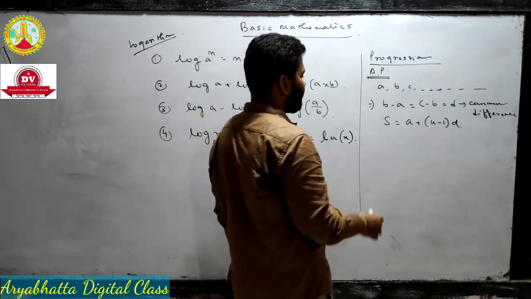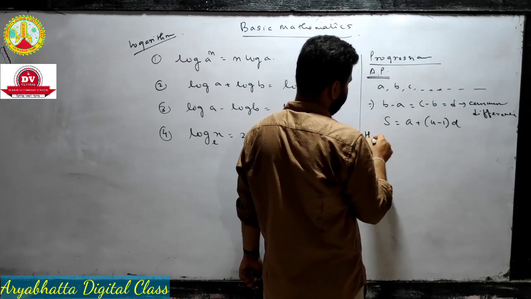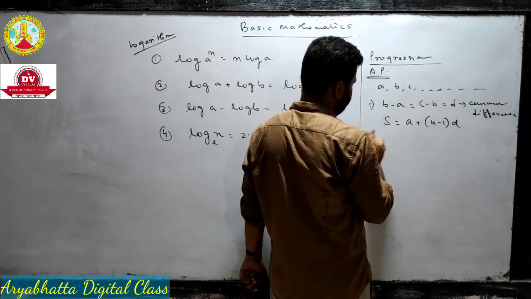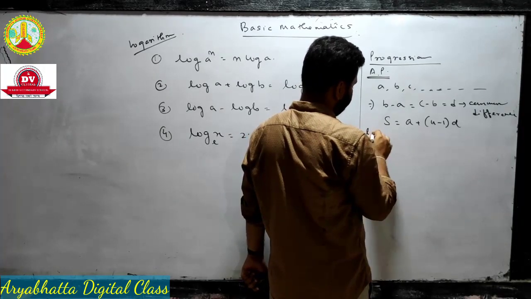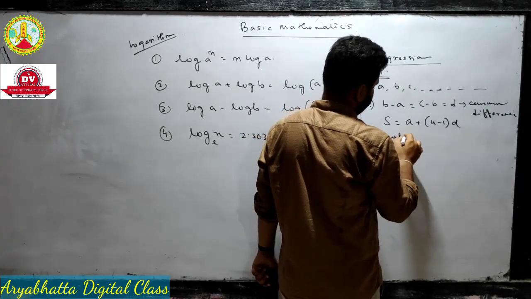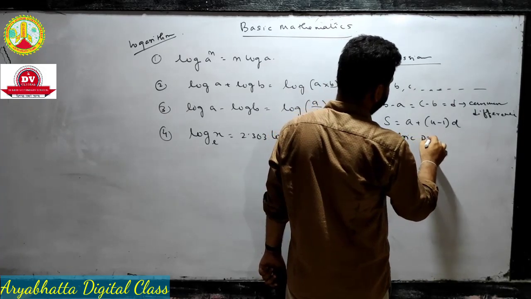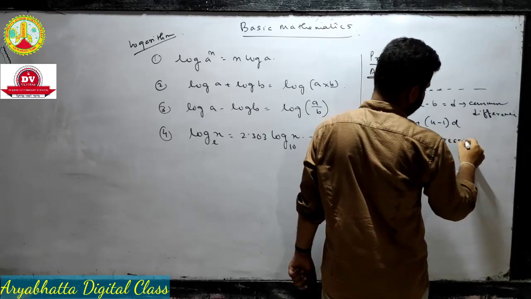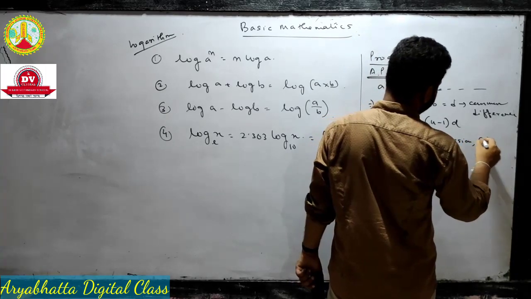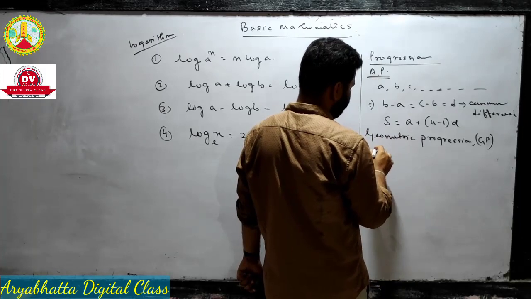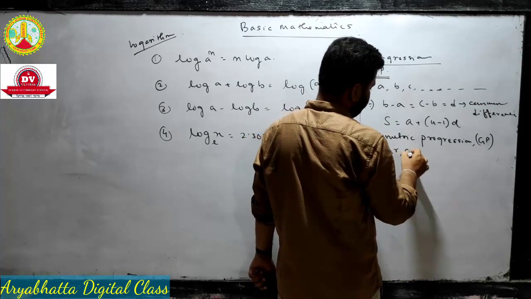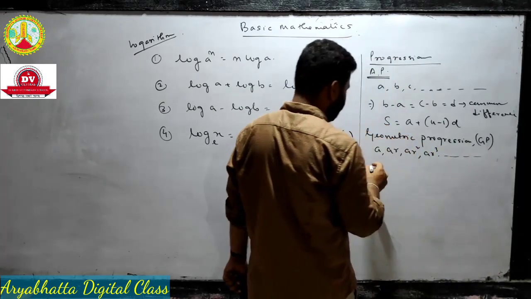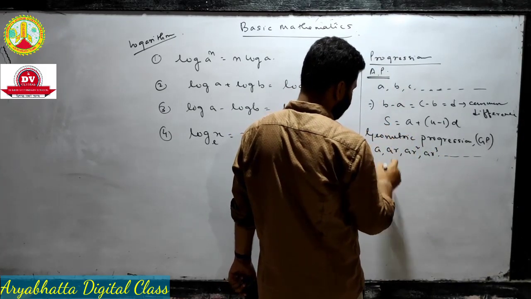Done. A new series you have to do in your mathematics, that is known as geometric progression. You will get this one in mathematics, geometric progression. This is GP. What is GP? First term is suppose A, second term is AR, then AR square, AR cube, like this. What is the ratio? This by this.